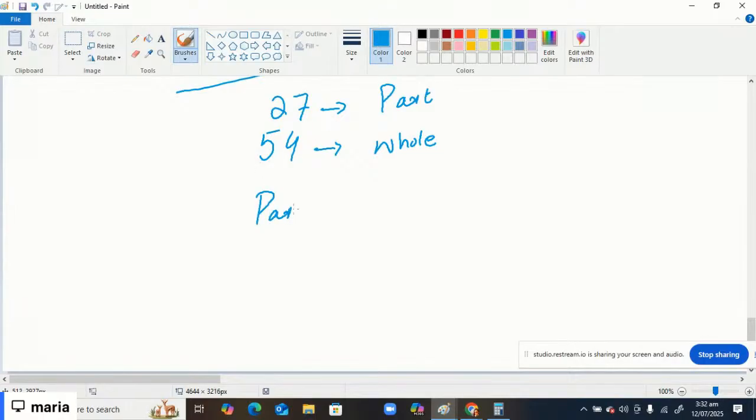So part over whole is equal to n by 100. Part is 27, whole is 54, that is equal to n by 100.